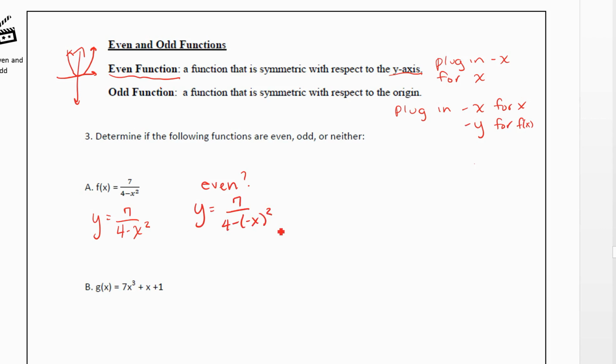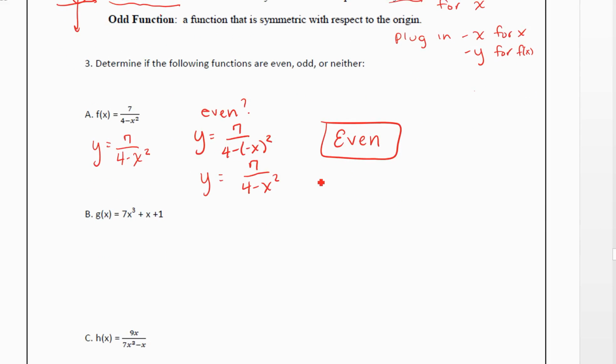Okay. And since the only place we had an x is this negative x squared, which is the same as x squared, that does give us the exact same thing as we started with. So this function is even. And unless you're the constant function y equals 0, you can either only be even or odd. So once you get one, you don't have to check for the other.